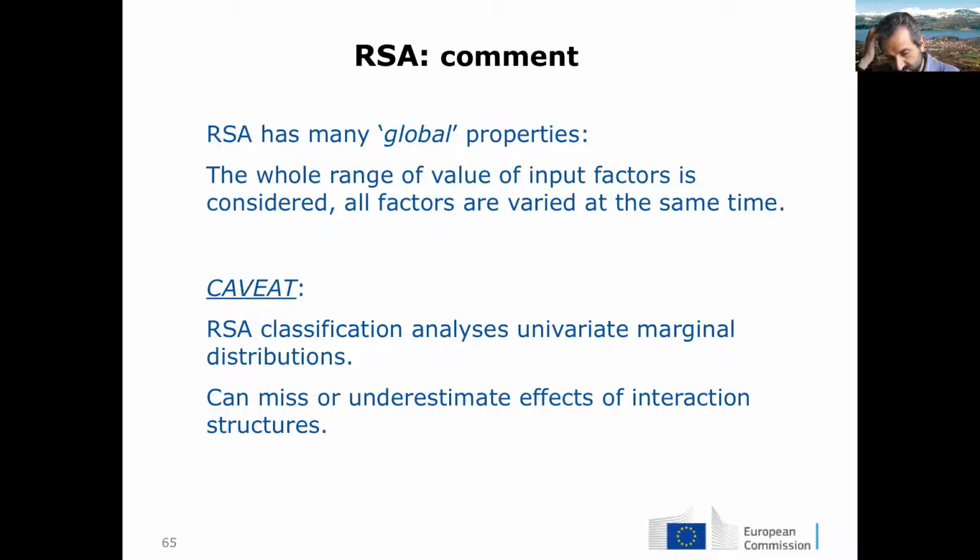For triggering this, you need to vary all factors, all parameters, at the same time in a Monte Carlo fashion, to trigger all the nonlinearities and all the interactions, which makes the propagation proper, but also makes the problem difficult because it's a nonlinear inverse problem. Regional sensitivity analysis, or Monte Carlo filtering, is a very simple way to tackle this problem.